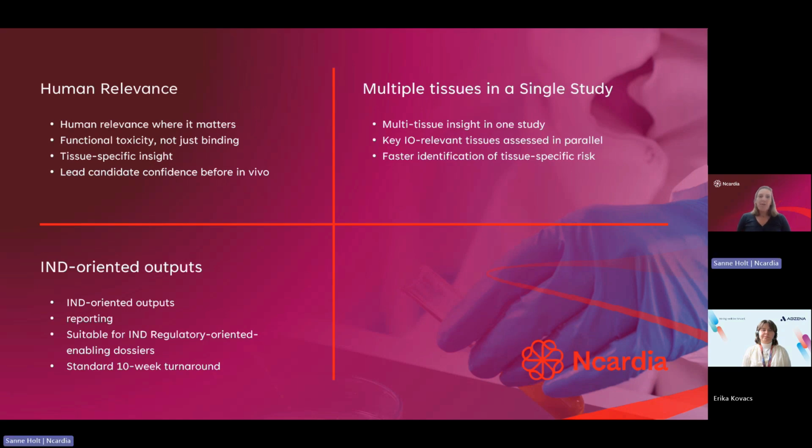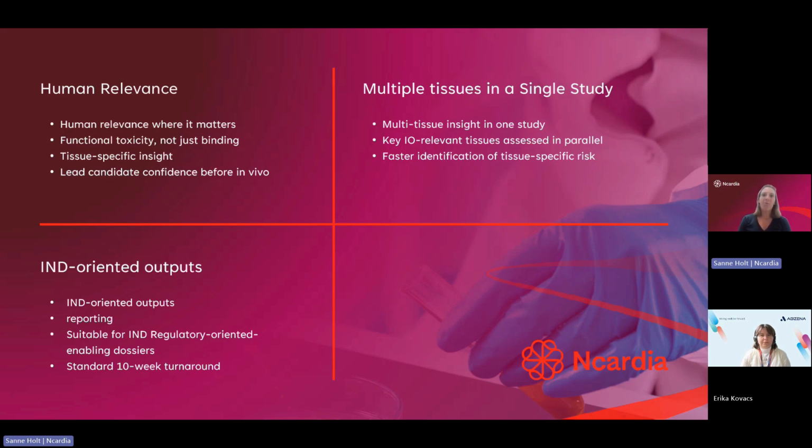So overall, this platform, we feel, fits the NAM space really nicely. Every model has its limitations, but we know for animal models, there are very big limitations. So here we feel this platform, because it's iPSC-derived, offers very human-relevant data. It is functional toxicity, so not just binding, and it gives a very tissue-specific insight into where potential risks are.